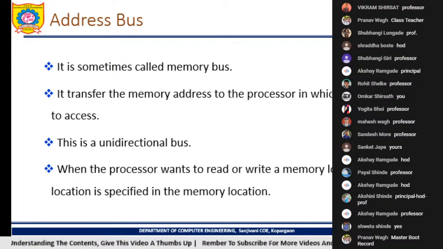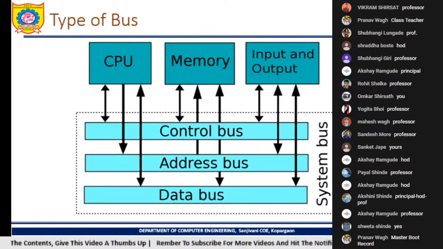So now how is this possible? Why is it unidirectional? Because if we go to the last slide, the address is required by the memory, but data is required by the CPU. So the CPU will use this address line.